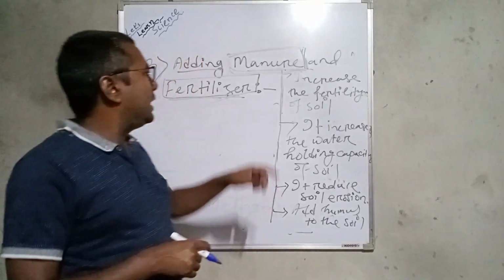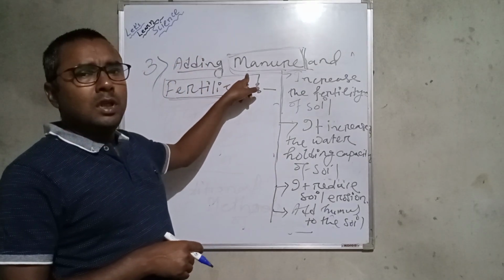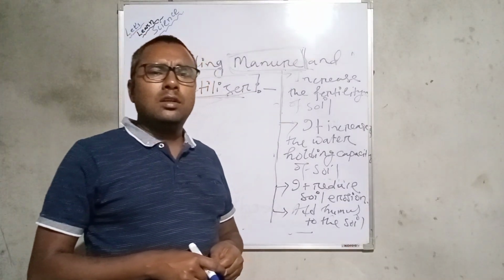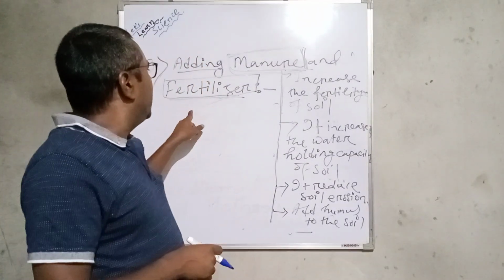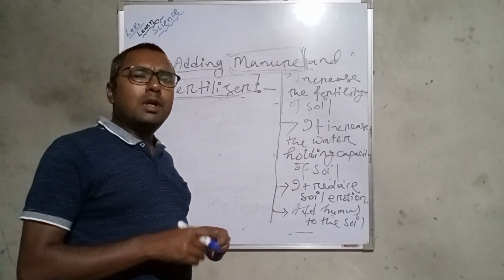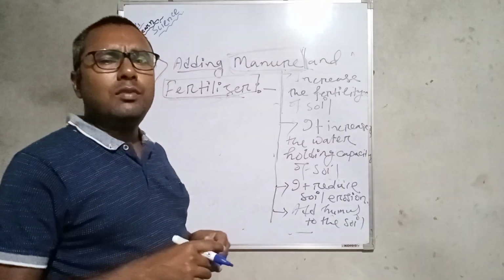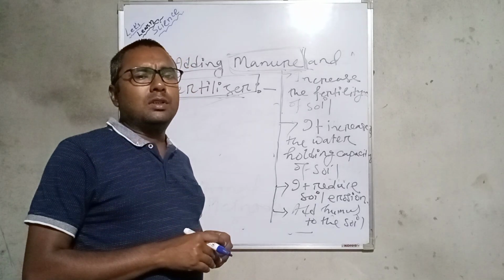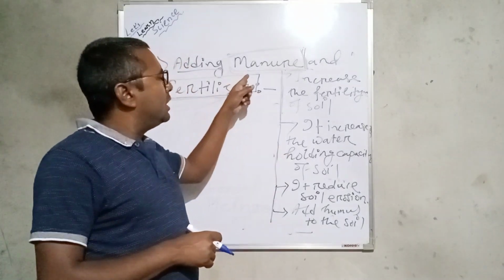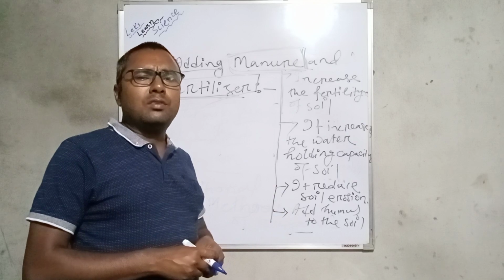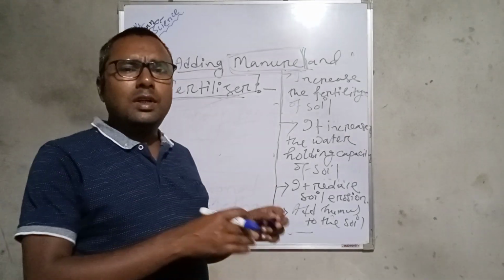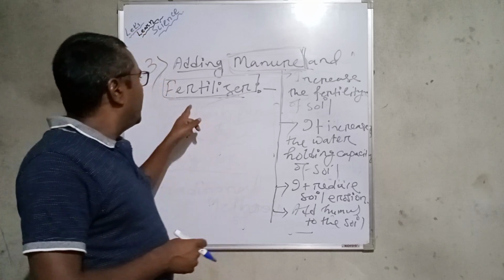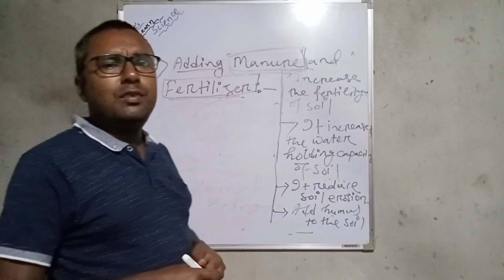But in case of manure, various types of nutrients are there. In one fertilizer, only one type of nutrient is there. On the other hand, in the manure, different types of nutrients are found in different quantities. That's why fertilizers are very efficient.